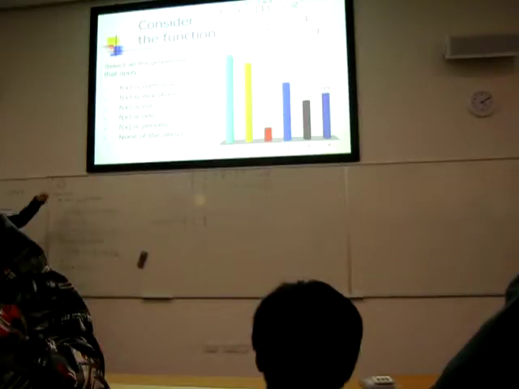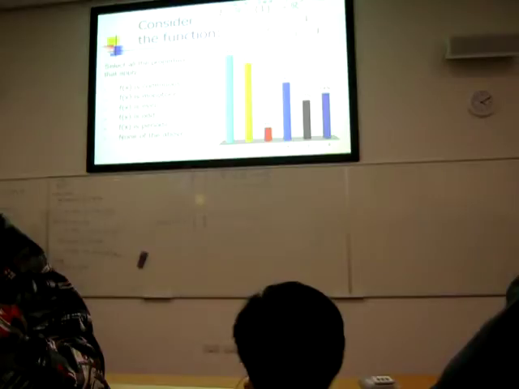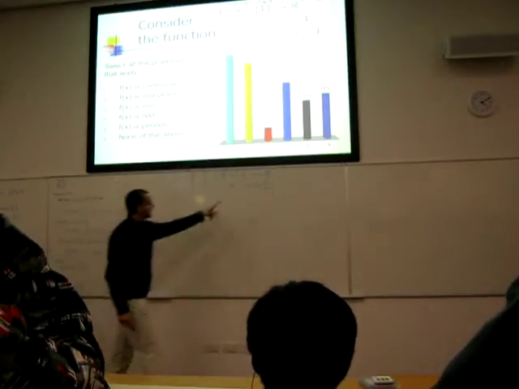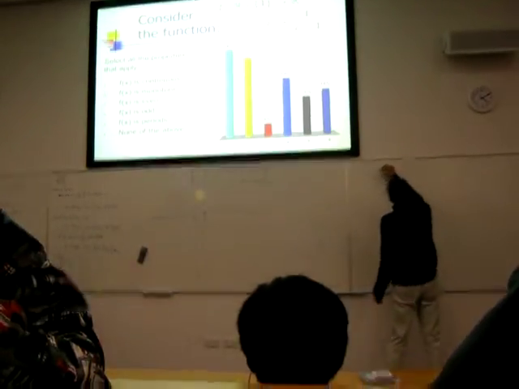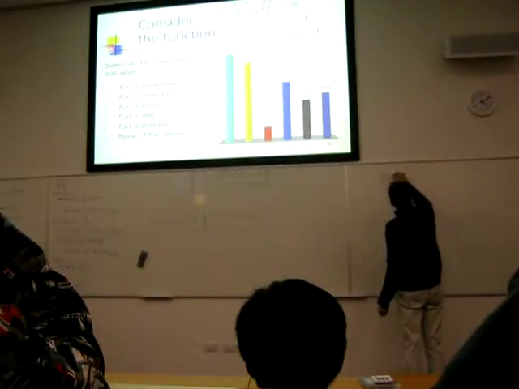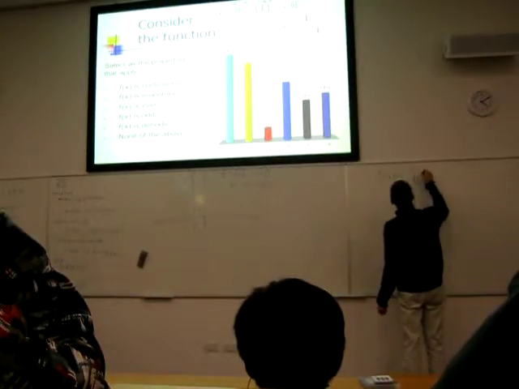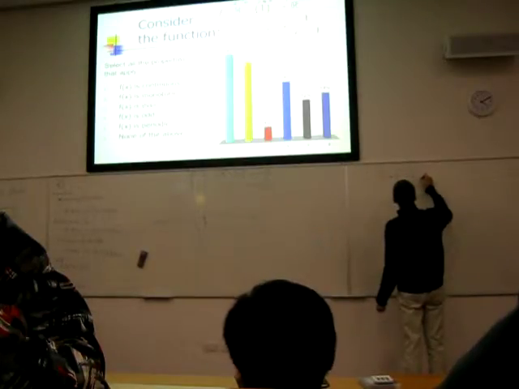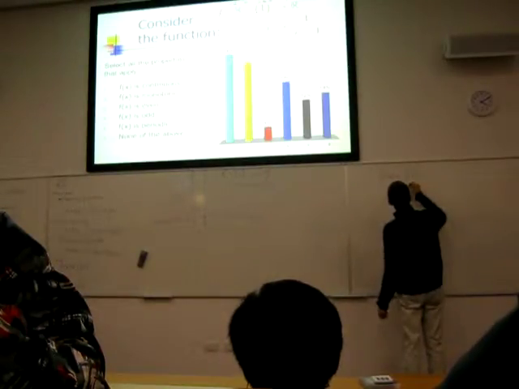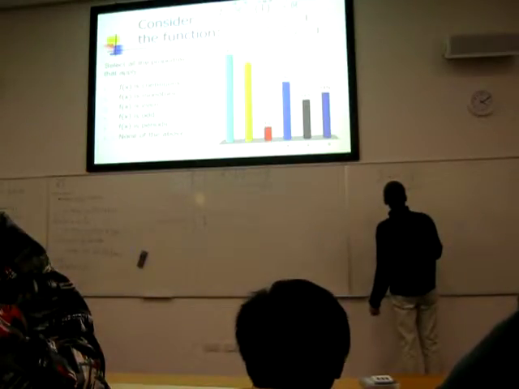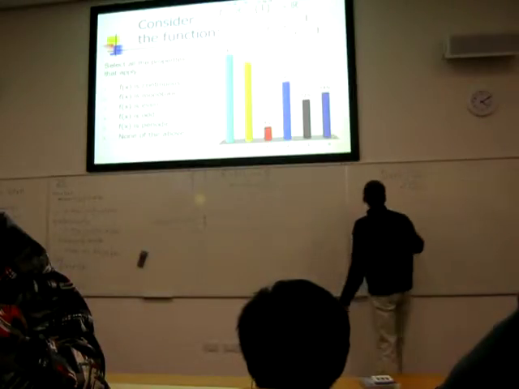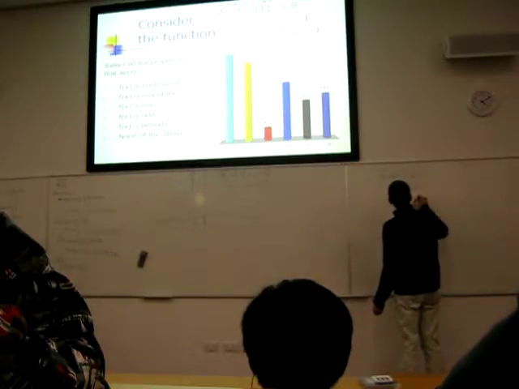So is it even? So even meant if I plug in minus x in here, f of minus x is equal to 1 over minus x minus 1, which is, if I take the minus sign out, minus 1 over x plus 1, which doesn't look anything like minus f of x.